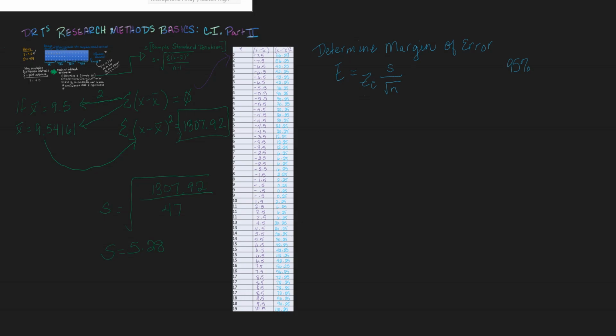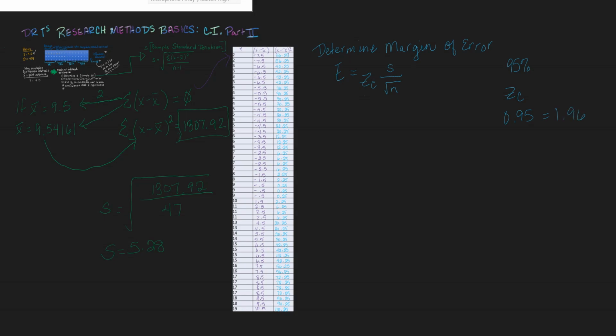All right, so at a 95% confidence interval, the z critical value at 0.95 is equal to 1.96.